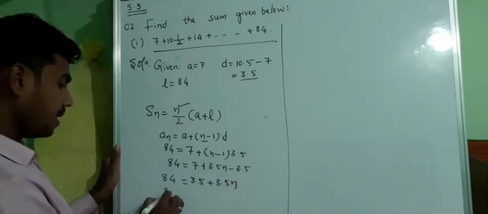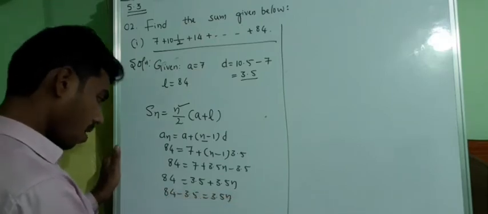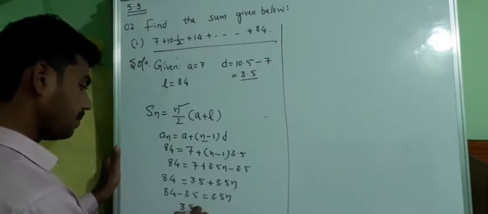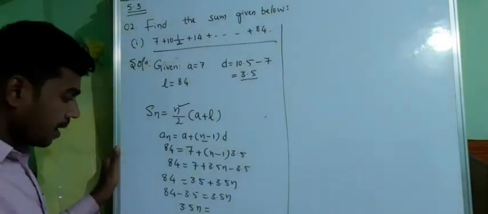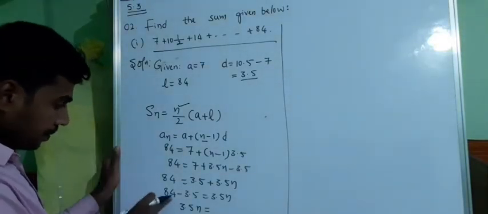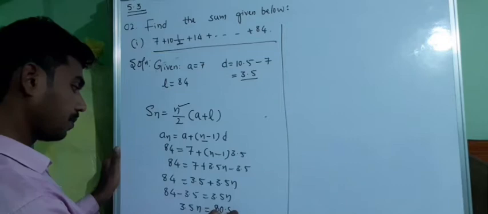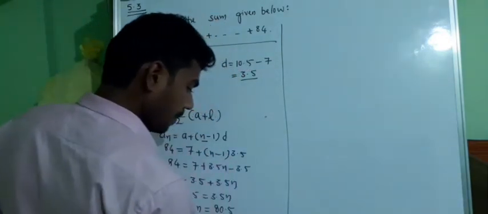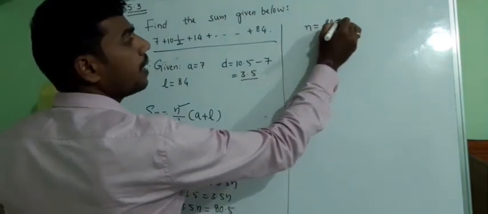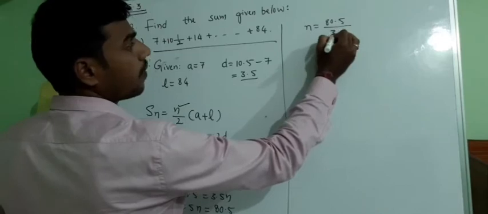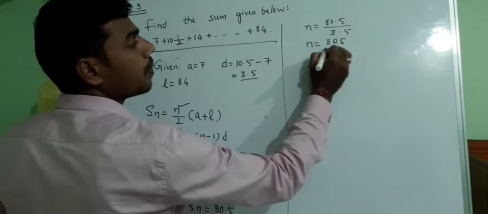Transfer it to the left hand side: 84 minus 3.5 is equal to 3.5n, or else 3.5n is equal to 84 minus 3.5, that is remove 4, add 0.5, that is 80.5. So I'll continue here. n is equal to 80.5 divided by 3.5. If I remove the decimal on both sides, 805 divided by 35.